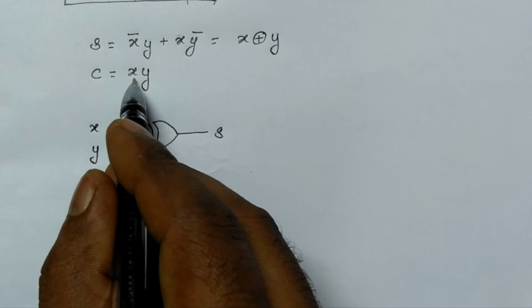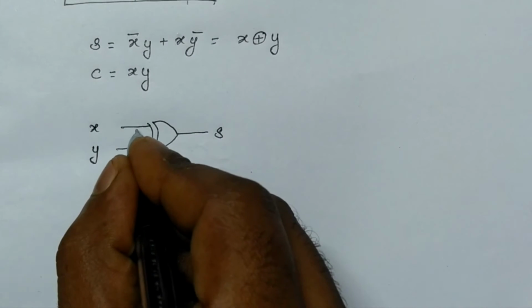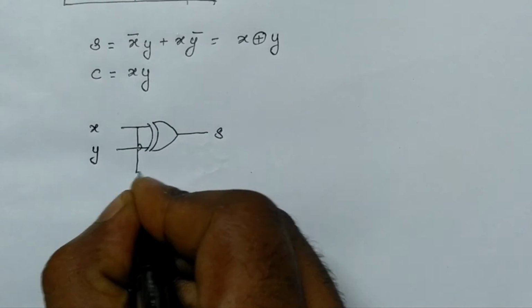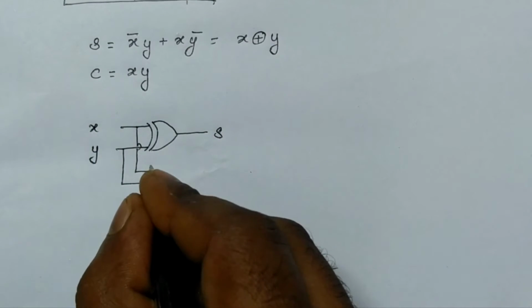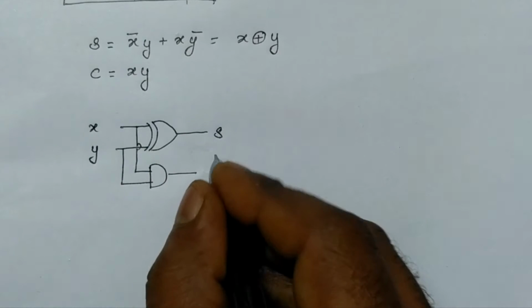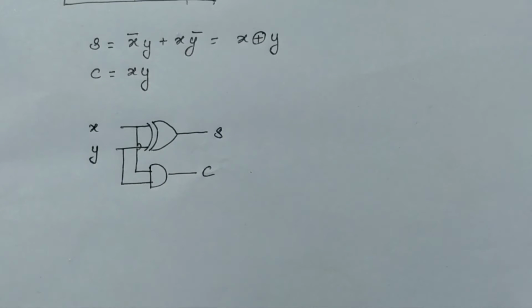The carry is x y, so between x and y we have an AND operation, and this output is C. This is the half adder implementation using an XOR gate.